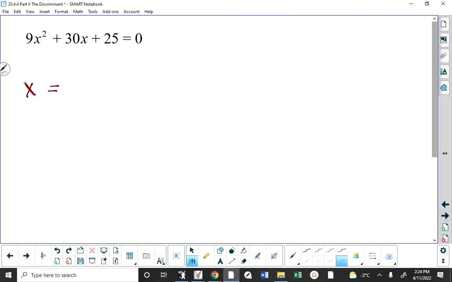x equals negative b plus or minus the square root of b squared minus 4ac all over 2a, which would be 18. I'll give everybody a couple of minutes here to find b squared minus 4ac.